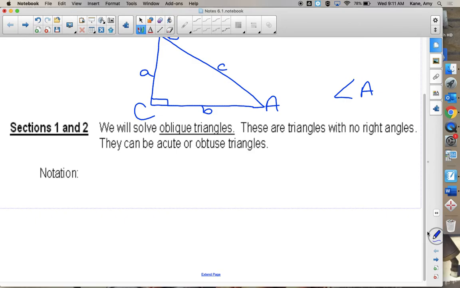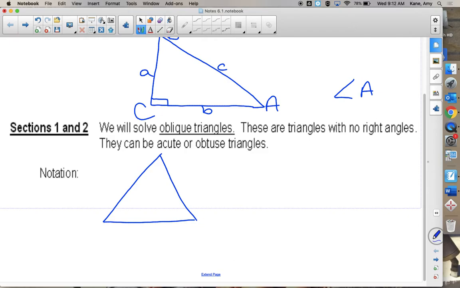Two of the sides are smaller than the third. What else does it mean? The sides are different. What has to happen with an acute triangle? All the angles have to be less than 90 degrees. So in an acute triangle, every angle is less than 90 degrees.